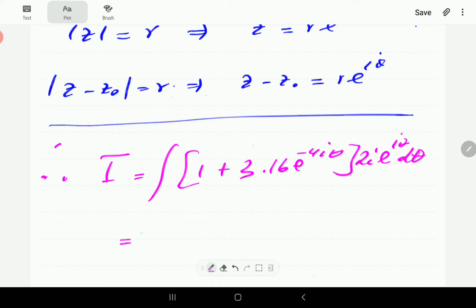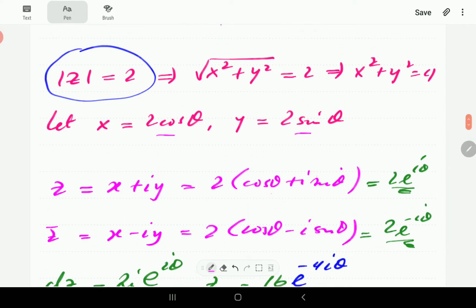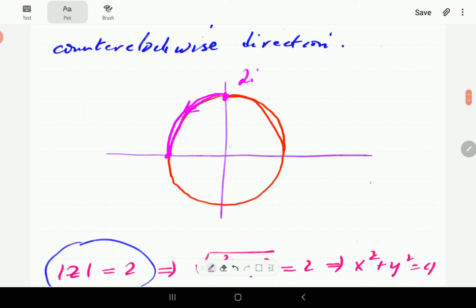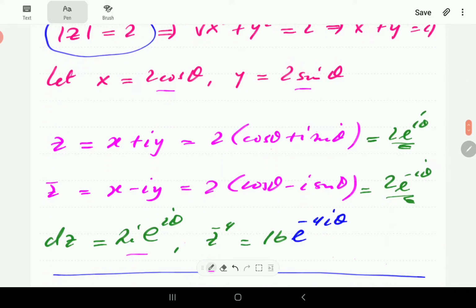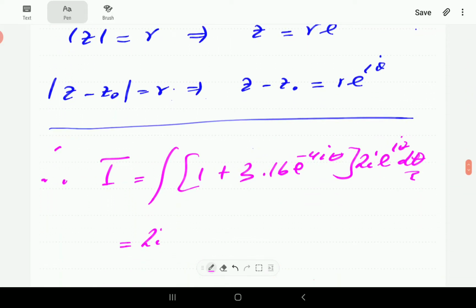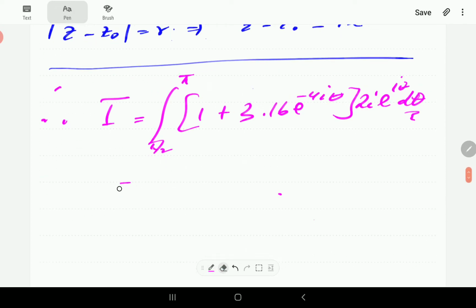Before we go on, the limits are now going to be in terms of theta. At 2i, theta is pi on 2, and at negative 2, theta is pi. So we're integrating from pi on 2 to pi. The lower limit is pi on 2 and the upper limit is pi.